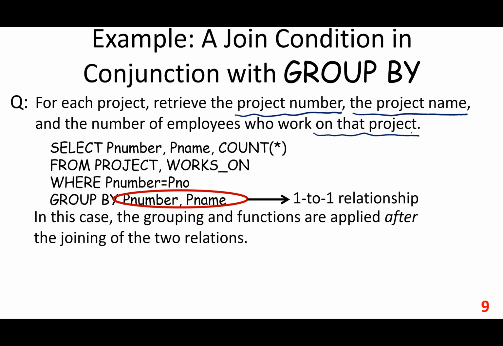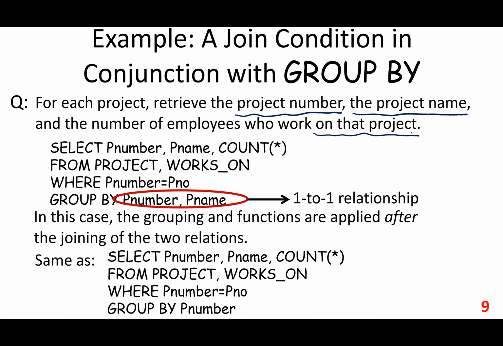The tuples with the same project number are in the same group. So this group definition, we can simplify a little more. It's the same as just using one attribute to define the groups.